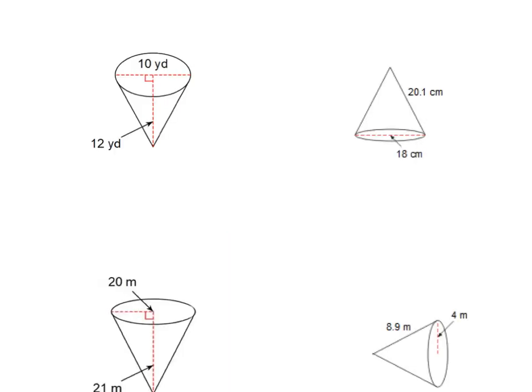I will tell you that the next one, number 3, is what we're going to call it. Notice the 12 yards is not the slant height. Here's the only hint I'm going to give you on this particular problem.